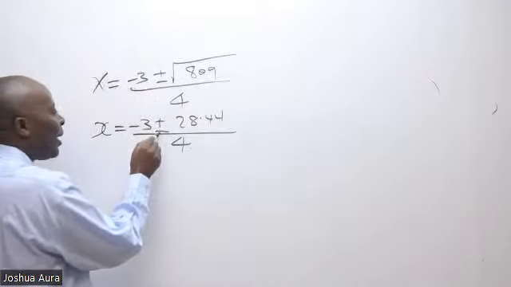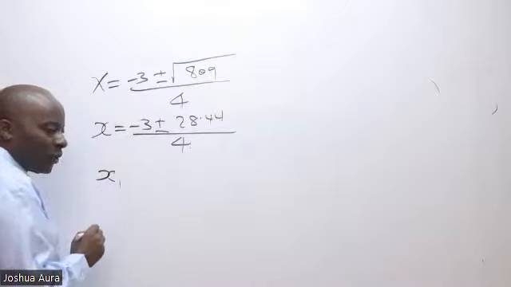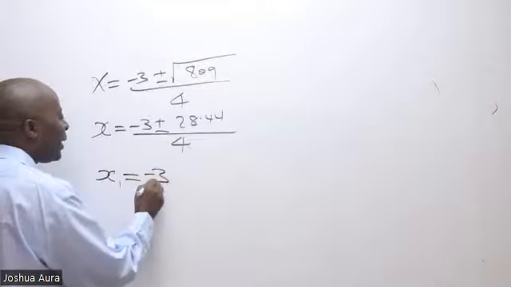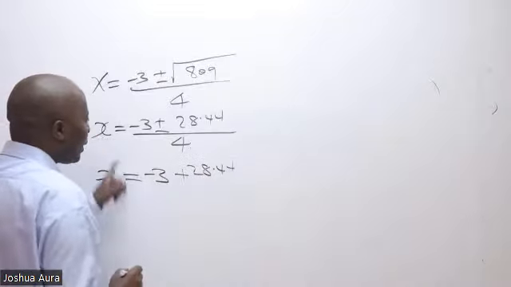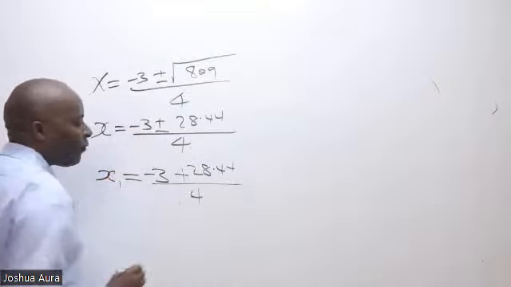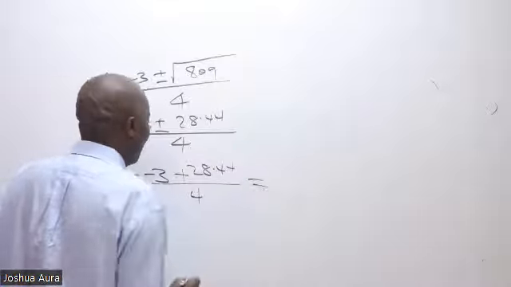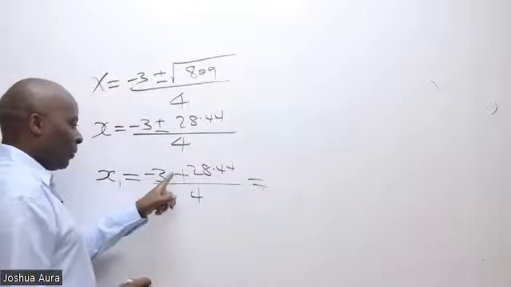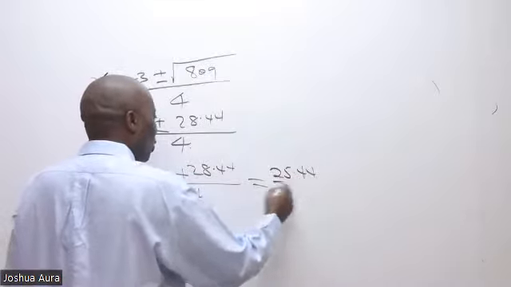Because of this plus and minus at the same position, you're going to have 2 values of x. The first value of x, when we consider plus alone, will be -3 plus 28.44, which is 25.44, all over 4.